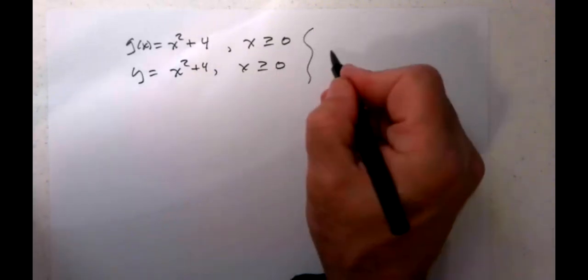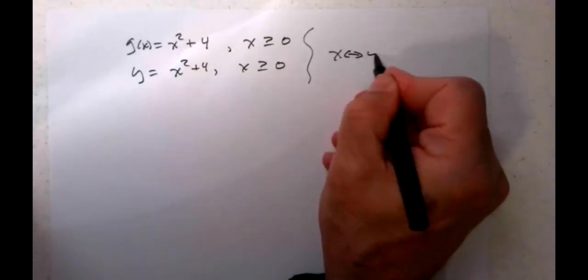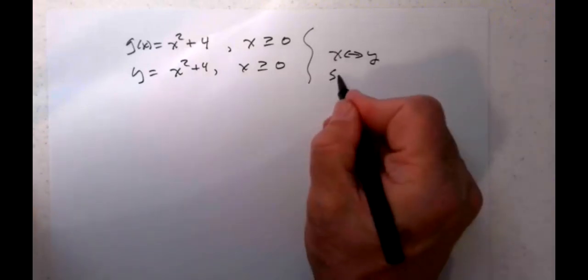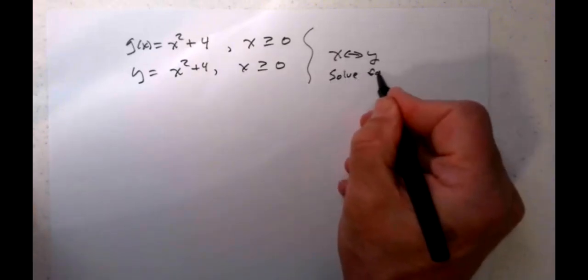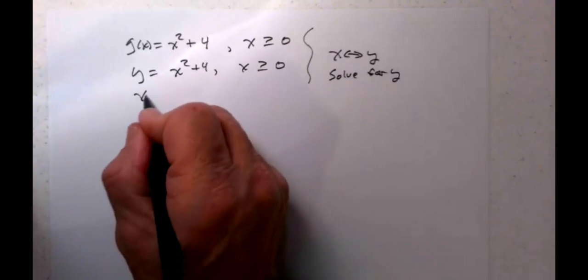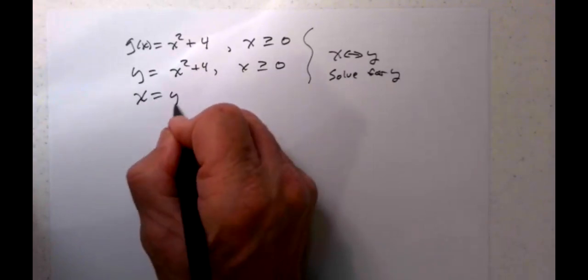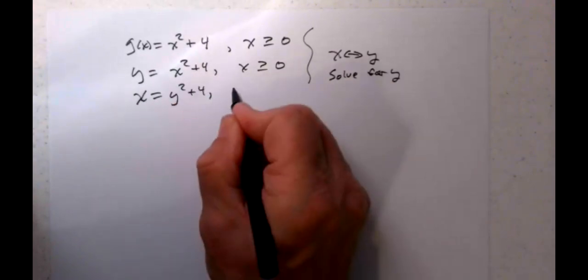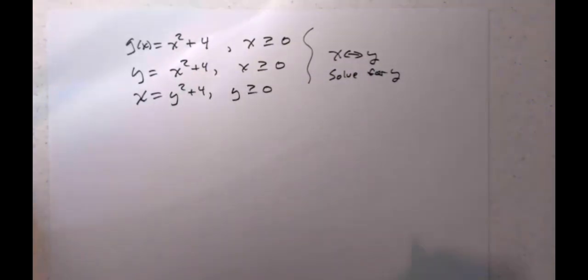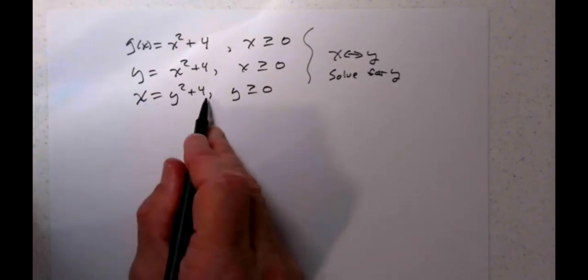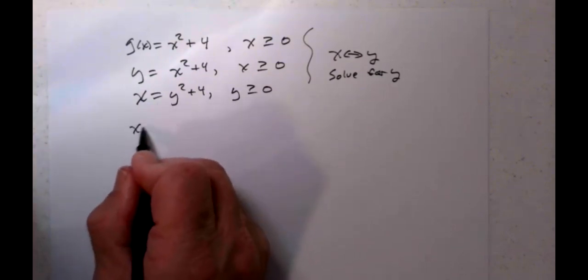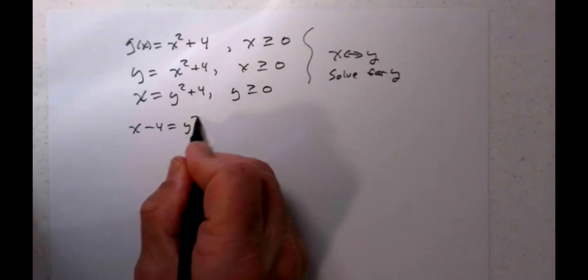And then we know to do an inverse, x becomes y and y becomes x, and we have to solve for y. So I have x is y squared plus 4. Let's subtract 4 from both sides. x minus 4 is y squared.